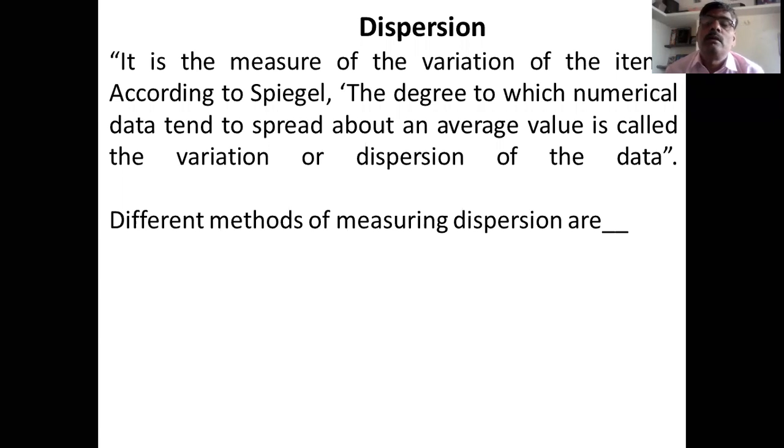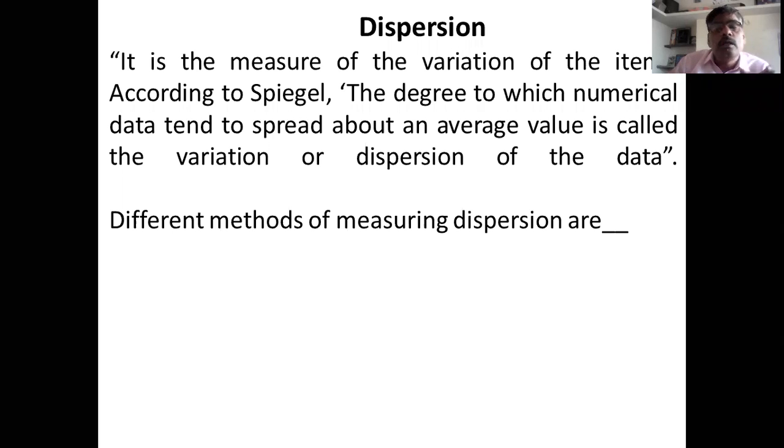Absolute measure means the absolute physical unit of the measurement is considered for finding the variation. For example, if the age of the students is there, variation is calculated in the age itself. That is called absolute measure. In the relative measure, we calculate the relation between the mean and the value.